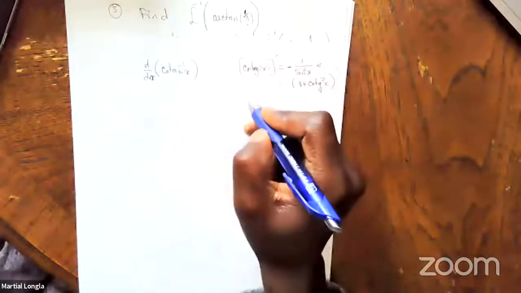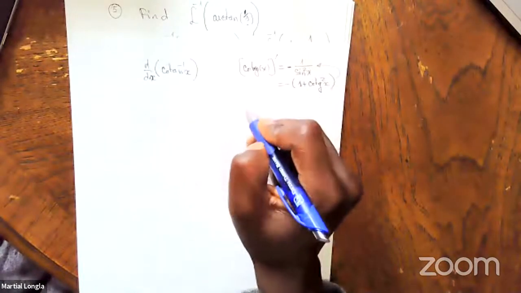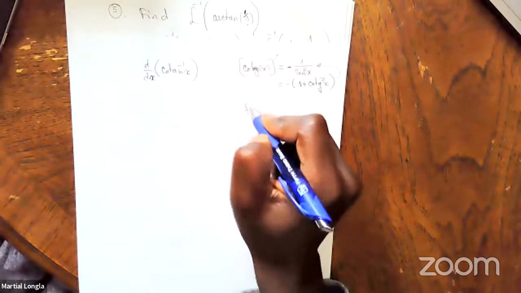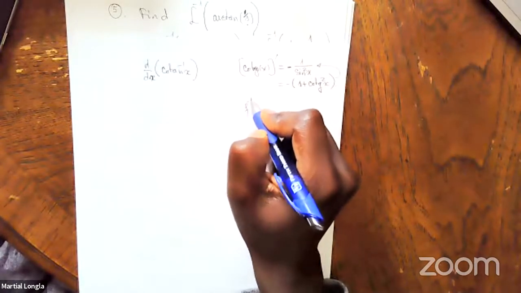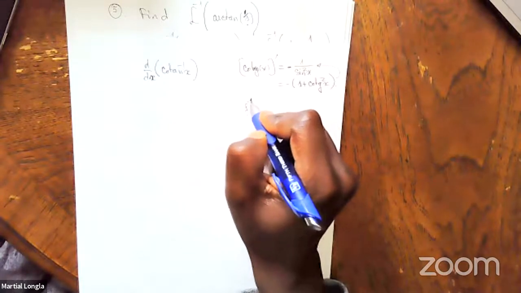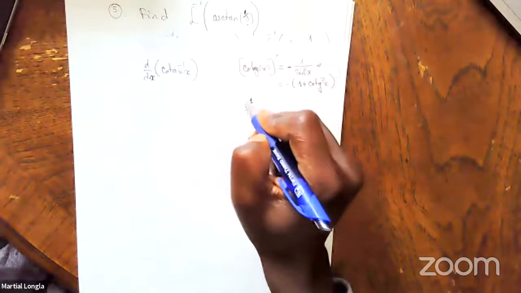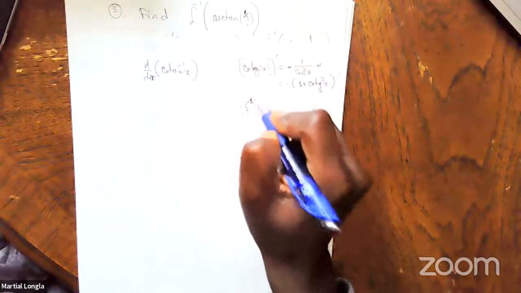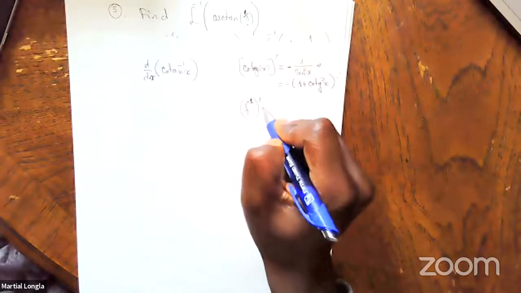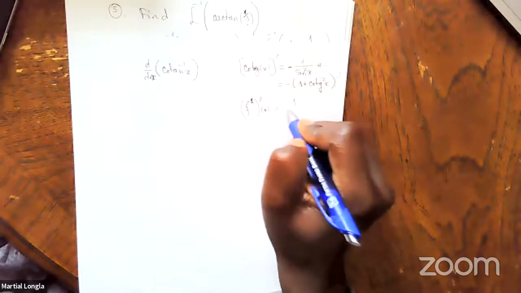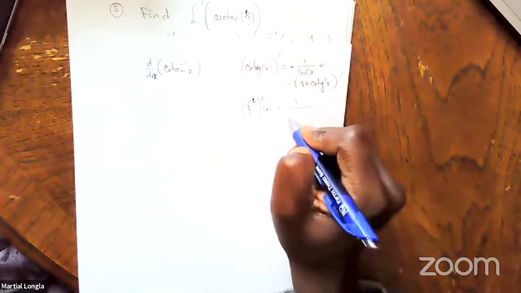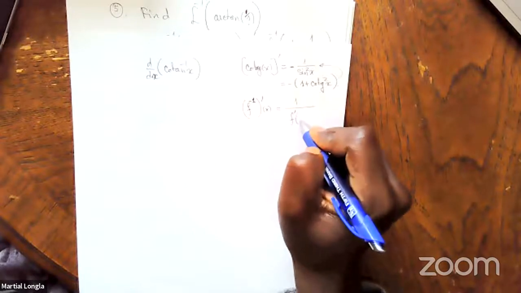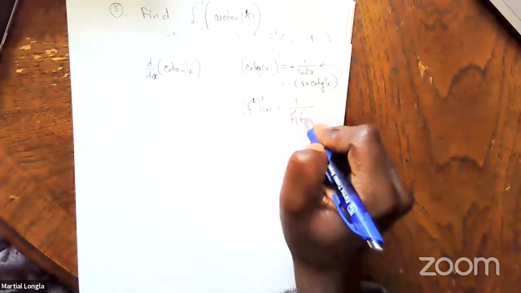There's this formula that the derivative of the inverse of a function is 1 over f prime of f minus 1 of x.